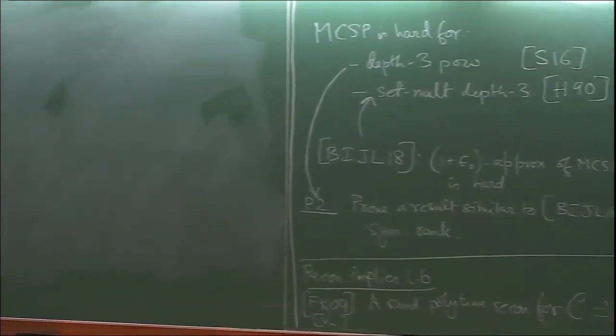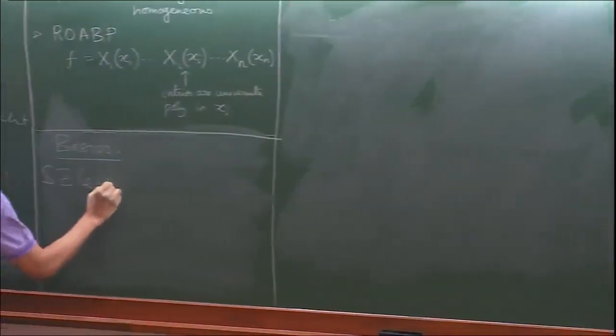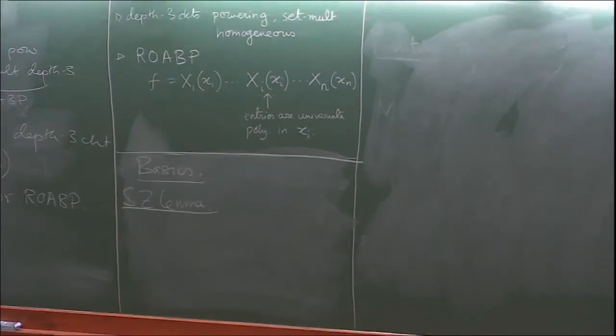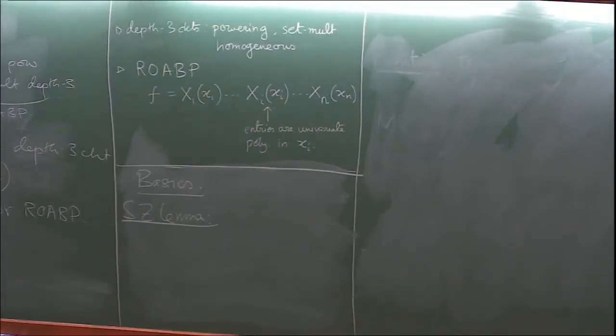I'm going to assume that we all know the Schwartz-Zippel lemma. If there's anyone who wants me to state it, I can state it. That's not an issue. It's just that if a polynomial is not zero, then with high probability it is also not zero at a random point.